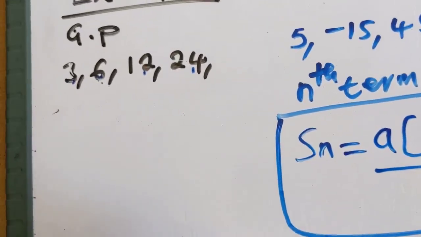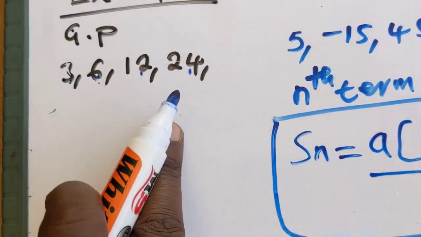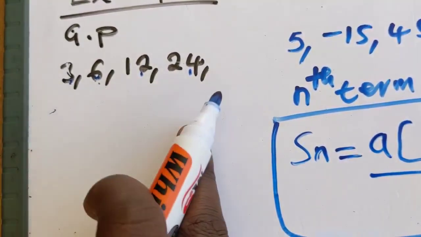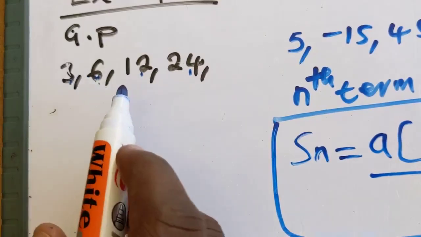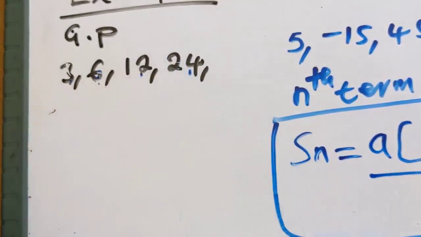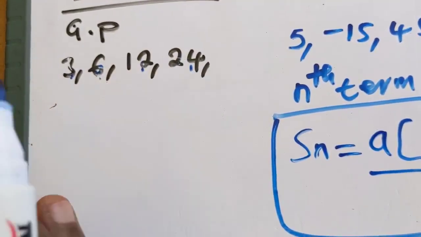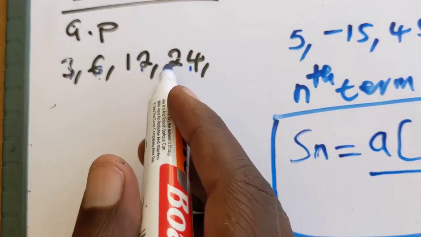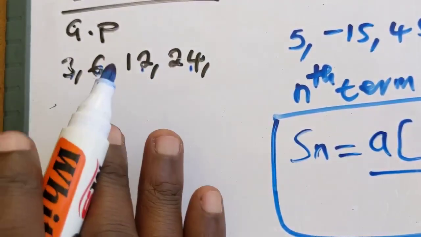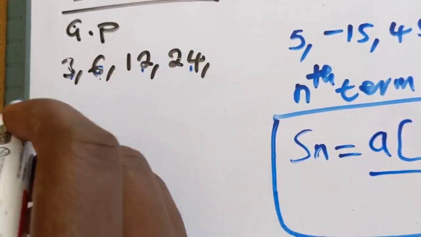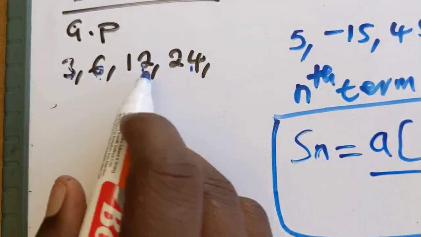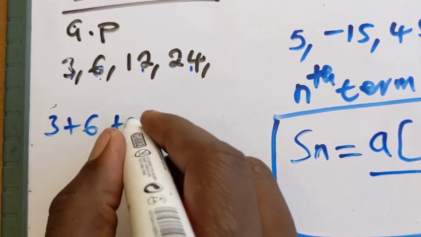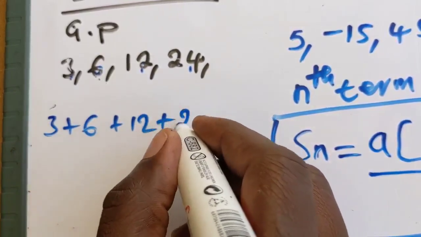Now, let's say you are asked to find the sum of the fourth term, 1, 2, 3, 4. How can you find it without using the formula? The sum means the addition of all these, so you add 3 plus 6 plus 12 plus 24.